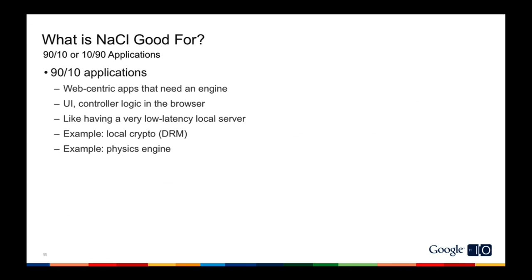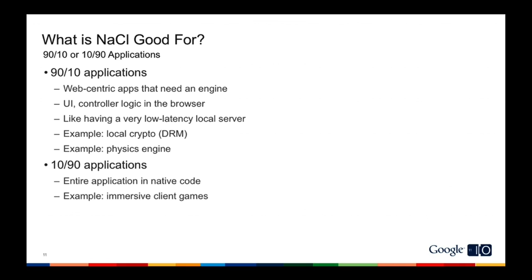Another example might be a physics engine. So you've got most of your game programmed as a web app, but you want to run a physics engine and actually look at data in a certain way. Again, a great example of a 90/10 use of NaCl.